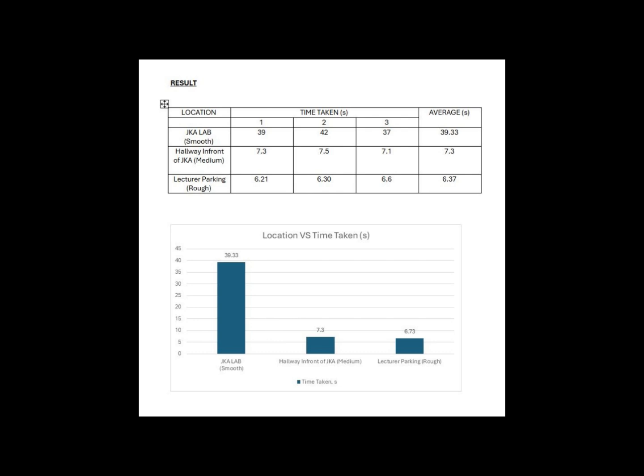And by having a good drainage system on the road, it will also reduce the risk of cars having reduced braking ability because the friction is lesser due to the wet surface.